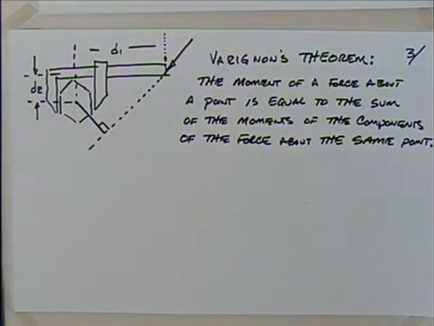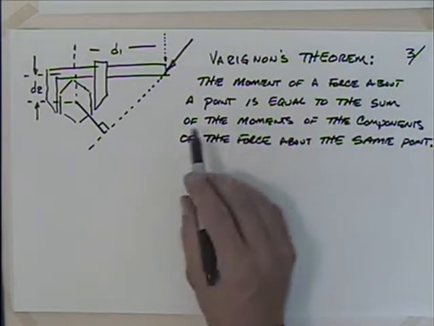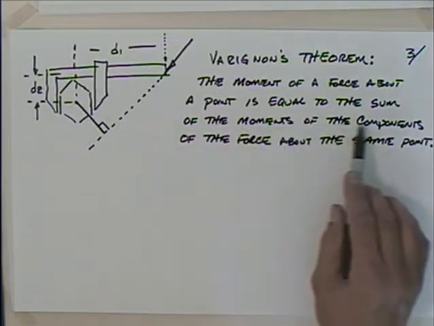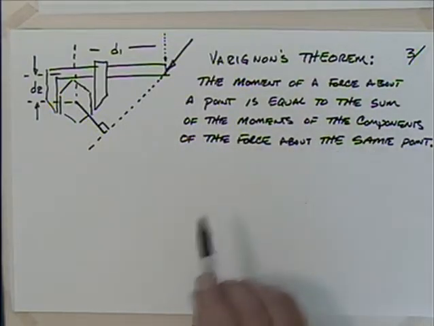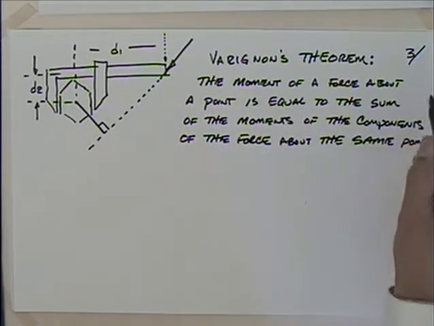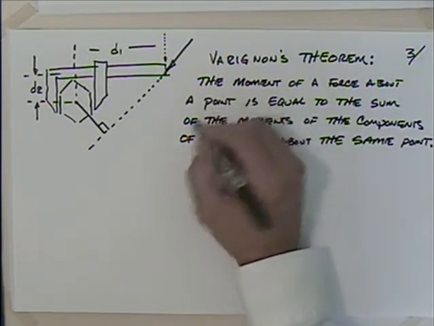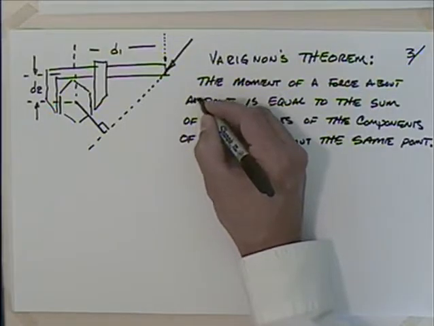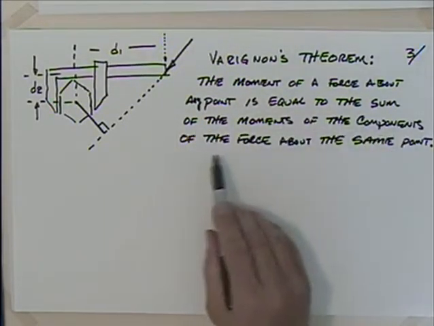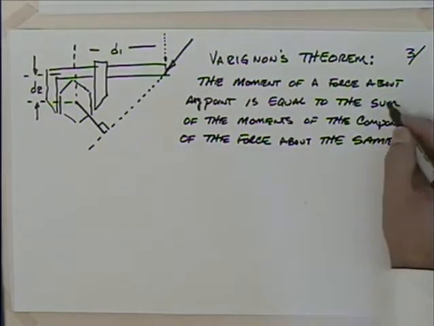Okay, so let's see how I did here. The moment of a force about a point is equal to the sum of the moments of the components of the force about the same point. We could probably add a few words here. The moment of a force about any point, you could say any point, is equal to the sum of the moments of the components of the force about the same point. And you have to be careful here.